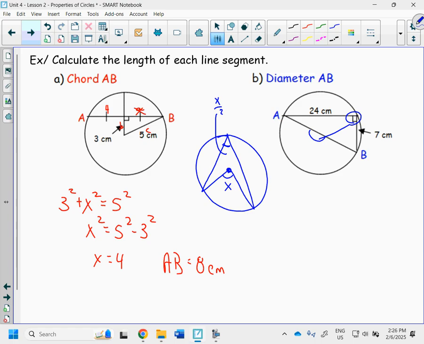If that's a 90, well, then we can use a squared plus b squared equals c squared, where c is your hypotenuse, or in this case, your diameter. Calculator-wise, you should get 625, or in other words, 25 centimeters for AB.